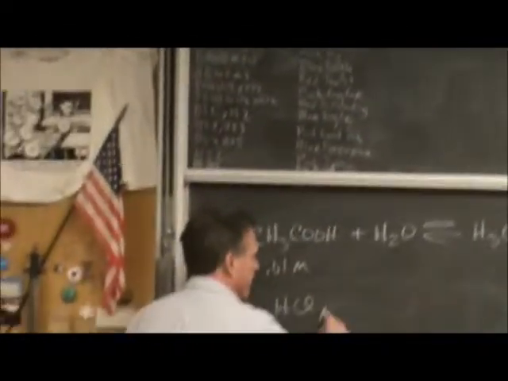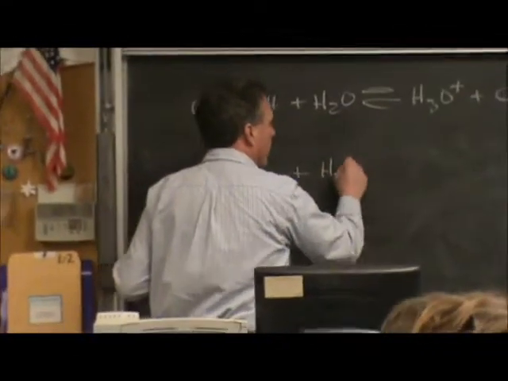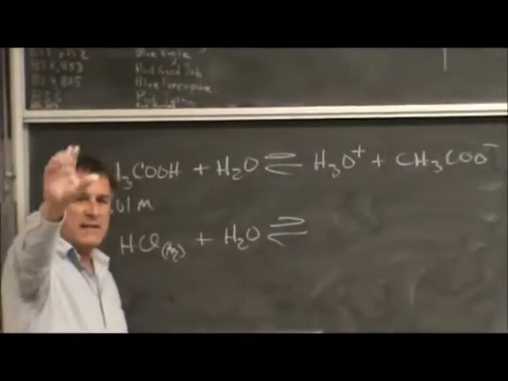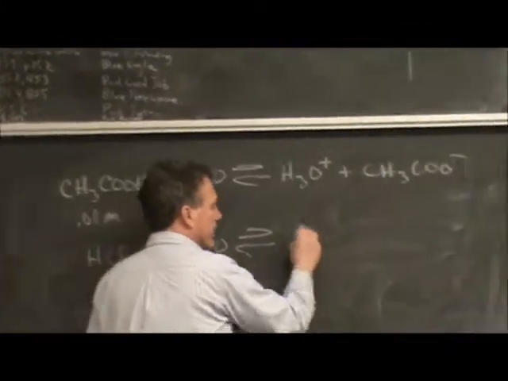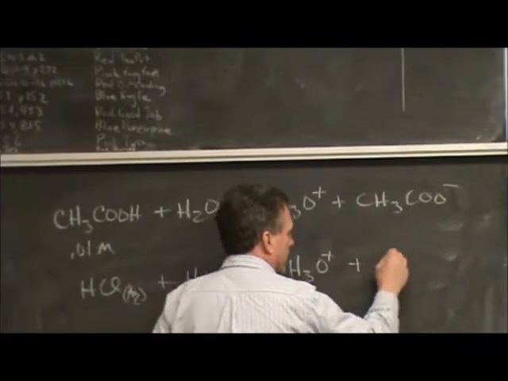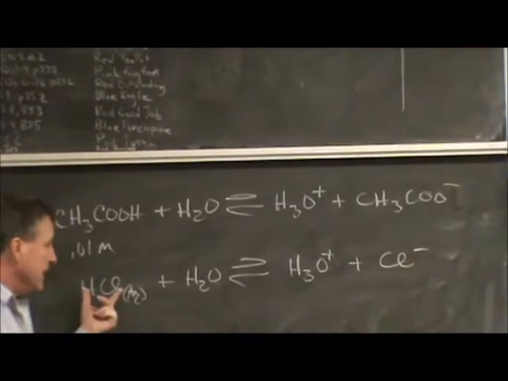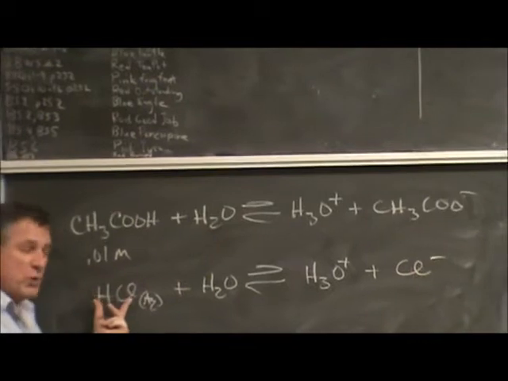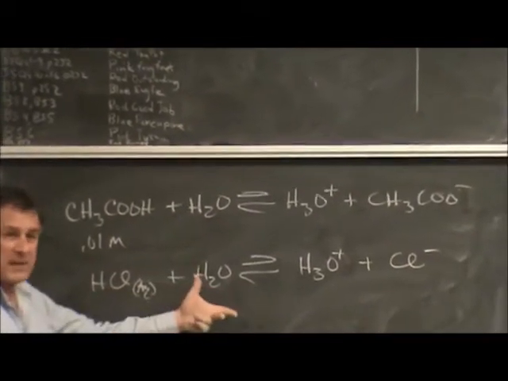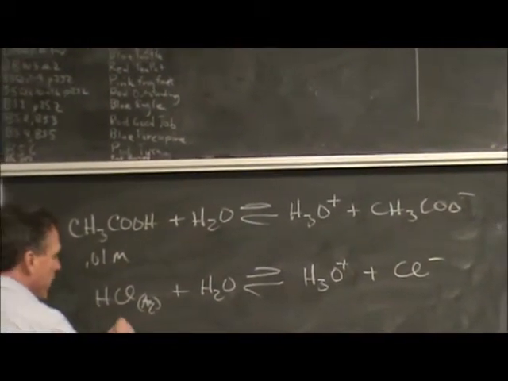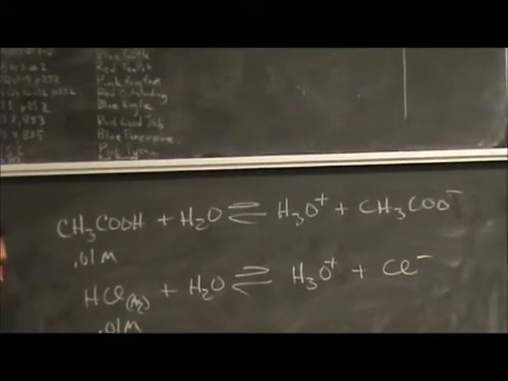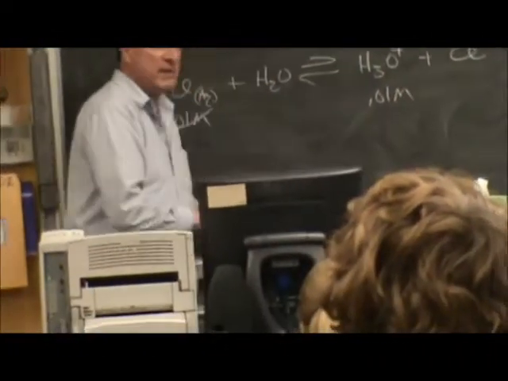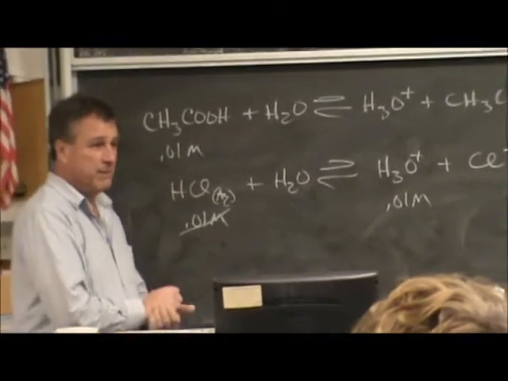However, if I add HCl to water, or any one of those acids at the very top, this is such a strong acid that virtually every one of these molecules gives up its hydrogen ion to water. So if I make a 0.01 molar solution of HCl, really, I end up with 0.01 moles per liter of hydronium ions, as almost every one of these reacts.